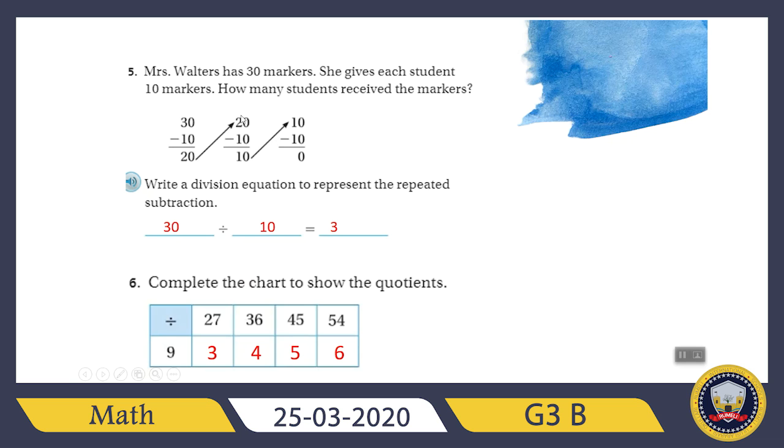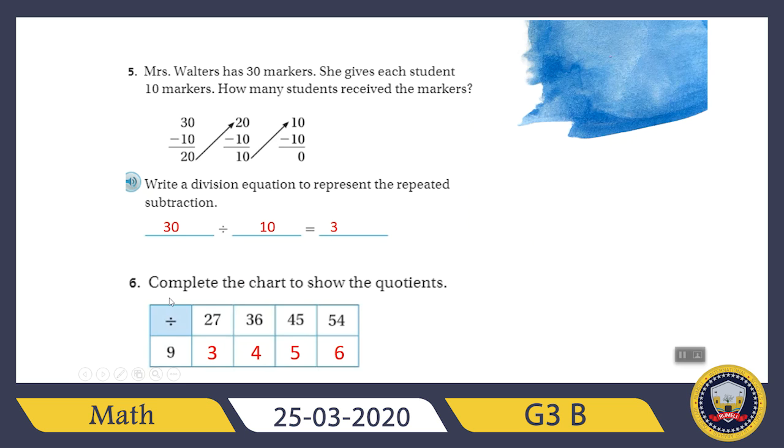How many actions happened here? 3 actions. Now let's write the division equation to represent the repeated subtraction. It says 30 divided by 10 equals 3. So the number of students who received the markers is 3.